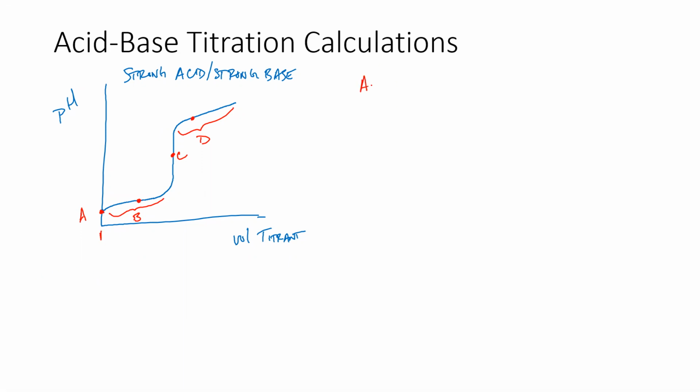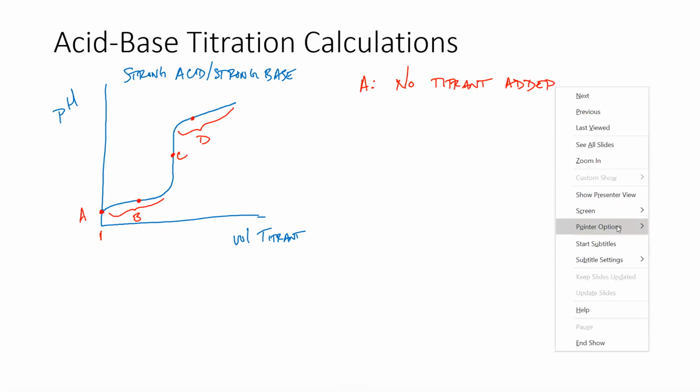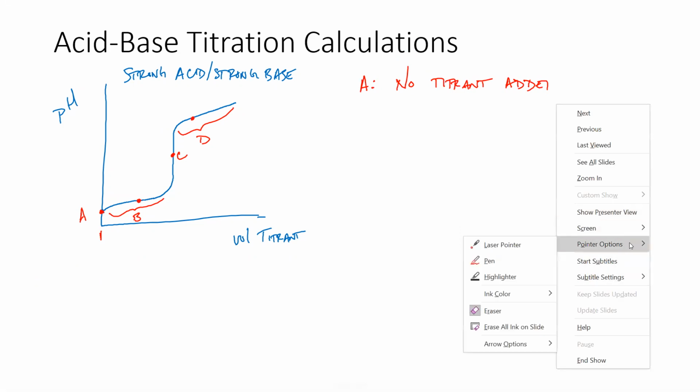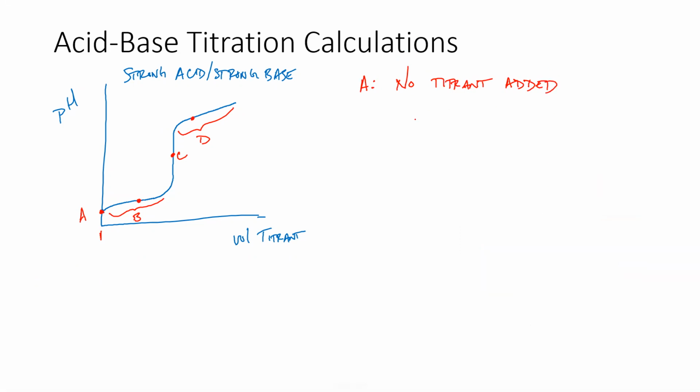So when our volume of titrant is 0, so point A, there's no titrant added. And so the pH is just equal to the pH of the acid solution.